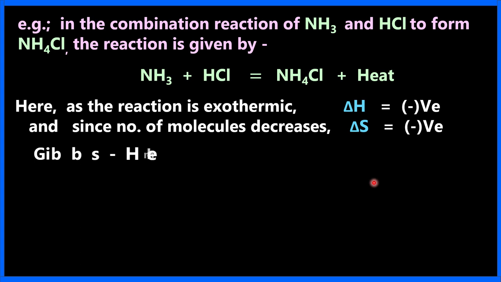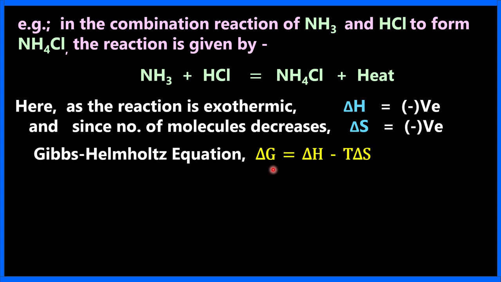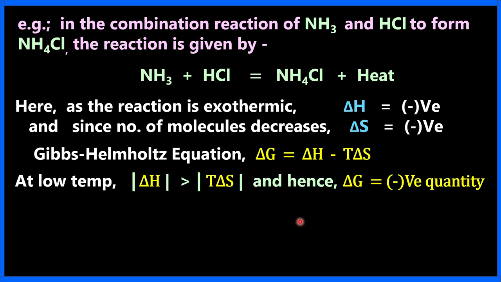Now, from Gibbs Helmholtz equation, we know that delta G is equal to delta H minus T into delta S. At low temperature, the value of mod of delta H should be greater than the value of mod of T into delta S, since the value of T is low at low temperature.